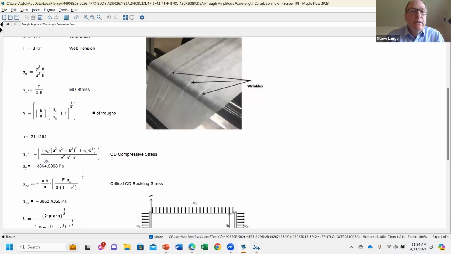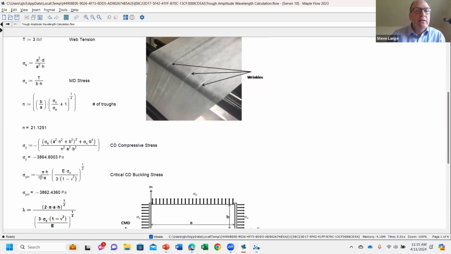Now, from treating these webs like beams, there is a certain compressive stress before they will buckle, and that's called the critical buckling stress. And it's this equation here, which has span lengths and web thicknesses and modulus, the stress in the machine direction, Poisson ratio. So if your compressive stress calculated from this equation exceeds this one, you're likely to form these troughs.